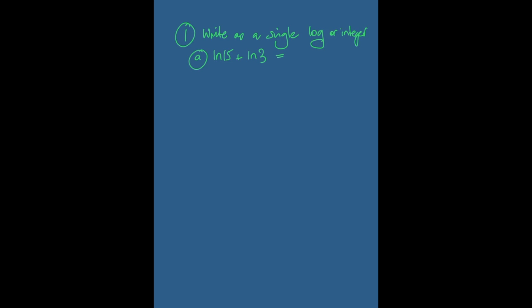For this question, you just really need to know your log laws. Just to remind you, ln is simply a log to the base e, and we write it like this so that we don't confuse it with log to base 10. If you see log by itself with no base, you can assume that this is base 10.